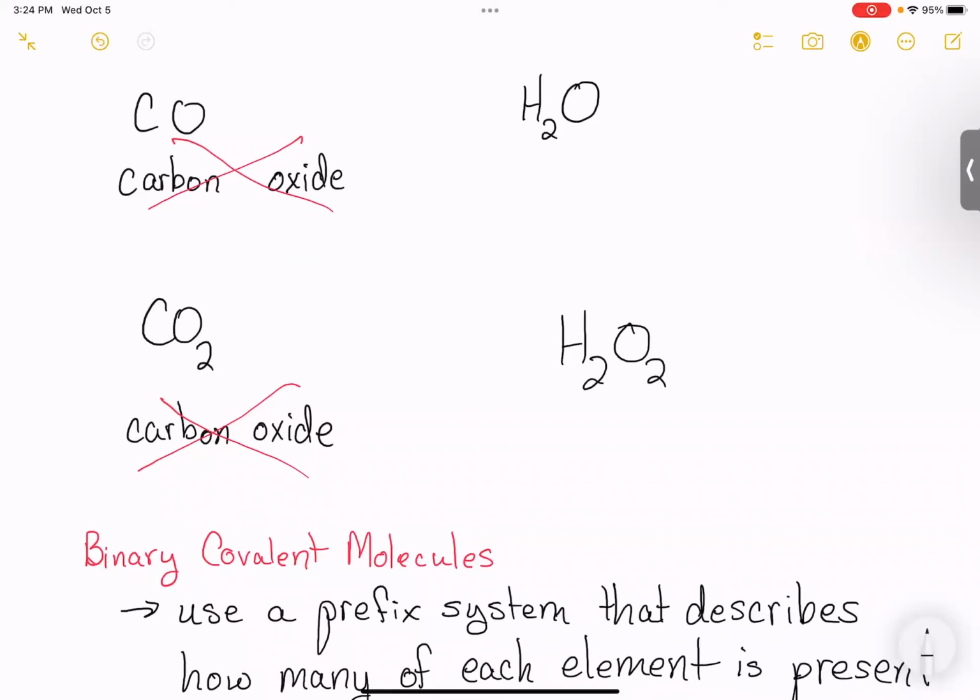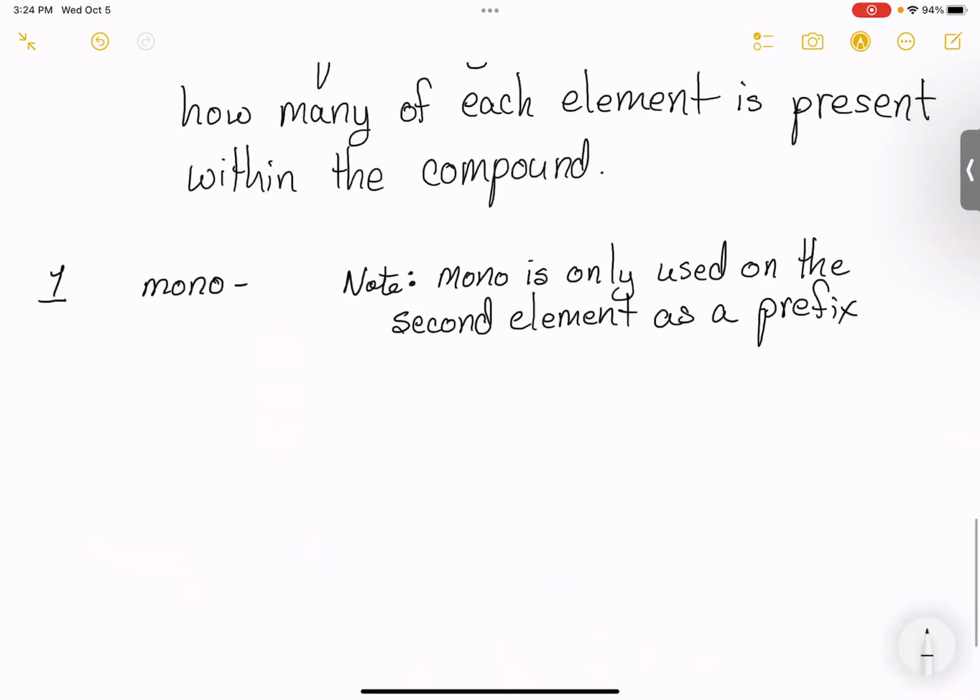But on that top one, I would have put the prefix mono with the second one. So mono is only used on the second element. It's never used on the first. So CO is carbon monoxide.